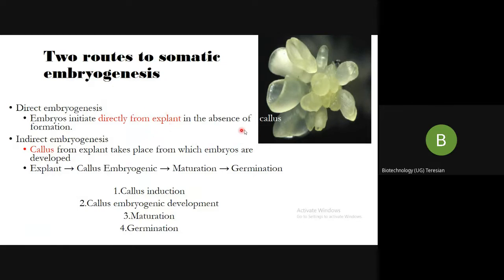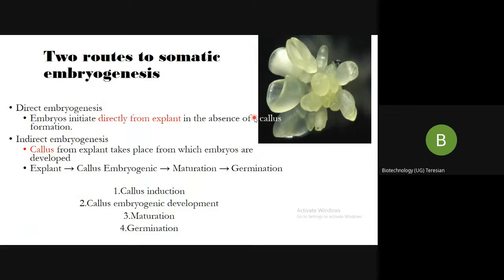That is, callus is not being formed. I can take the explant and directly initiate the formation of the somatic embryos without the formation of the callus. That is known as direct embryogenesis.